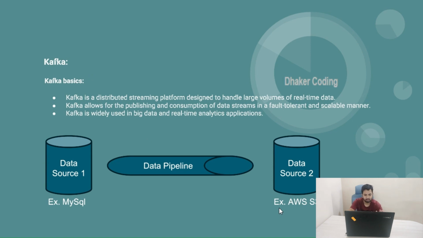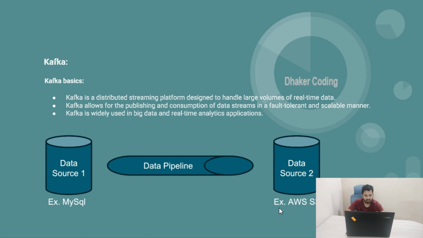Let's say data source two is AWS S3 or any other file storage system or data lake, where we need the exact data. So we need to create some mechanism to stream the real-time data into source two. Kafka will do that.